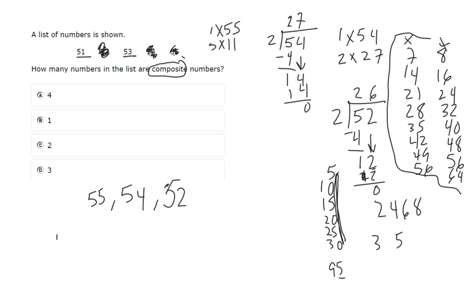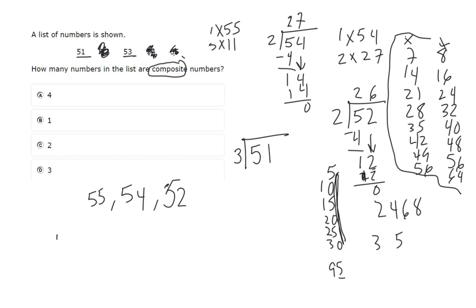But what about 51? I know 51 isn't on my list over here for 7 and 8. I could do 9, but again, I know my multiples of 9, and I know 51 isn't one. So let's go ahead and just try, and this is sometimes what you have to do. I'm going to try and divide 51 by 3.